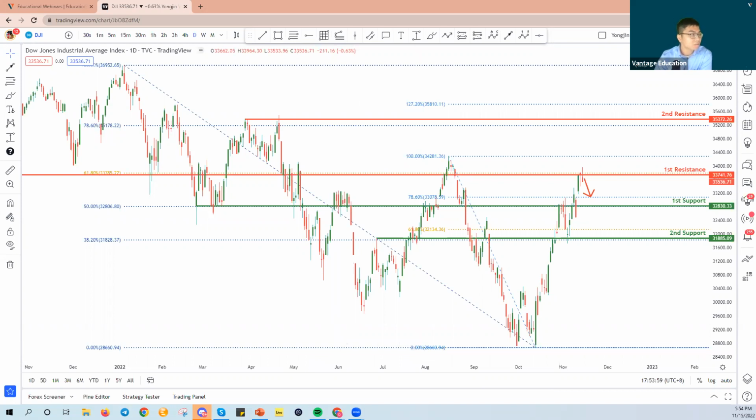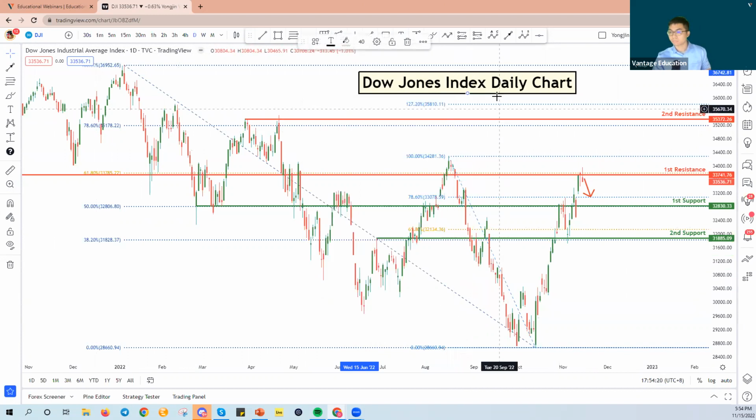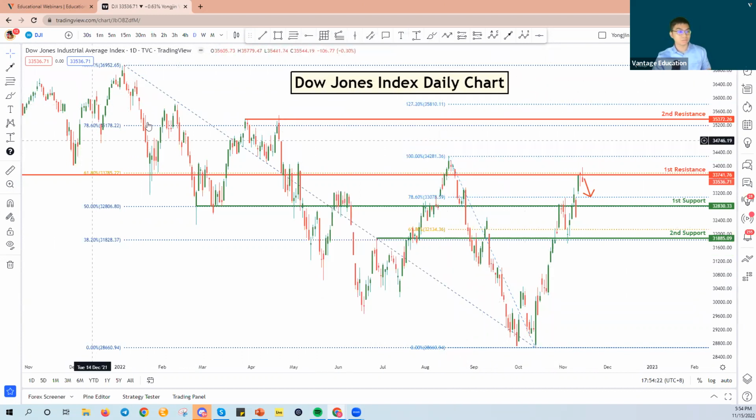So yeah, any other currencies you want me to take a look at? How is it, Win? How's the Dow Jones Index? Does it make sense to you? That's the daily chart, Dow Jones Index daily chart. I'll just send it. Okay, good, no issues.